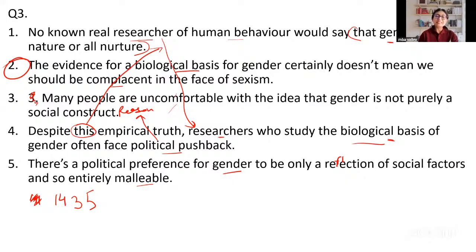The rest of the sentences are focused on the complexities of gender as a mix of nature and nurture and the political and societal challenges and resistance that researchers face.